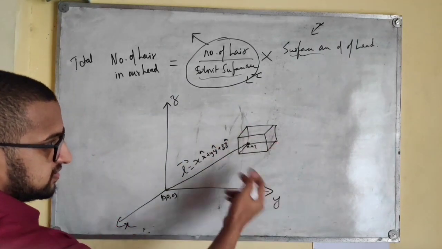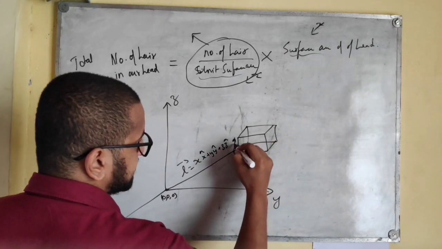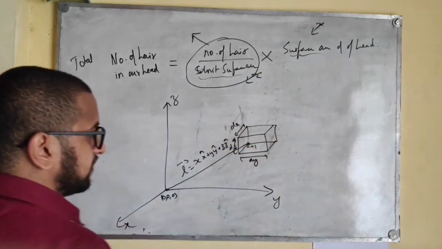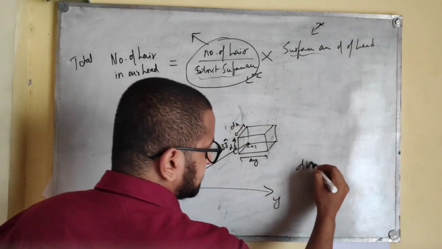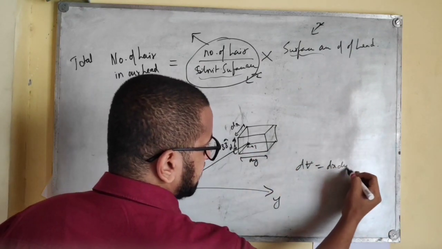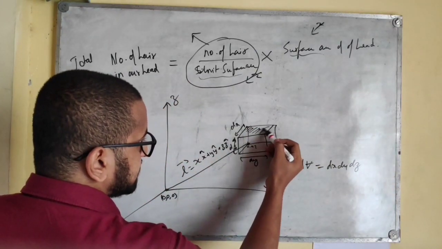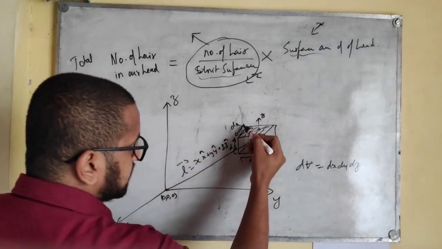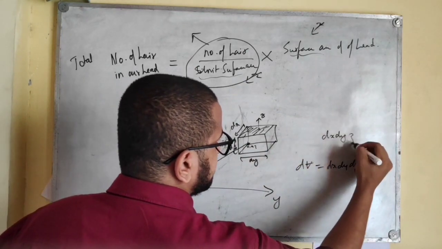The dimensions of this object or box are dx in the x direction, dy in the y direction and dz in the z direction. If you want to calculate the volume of this box, we can just calculate length into breadth into height, which is nothing but dx, dy, dz. And if you want the area of the top surface, pointing towards the z direction, this is going to be dx multiplied by dy, so dx dy z cap.